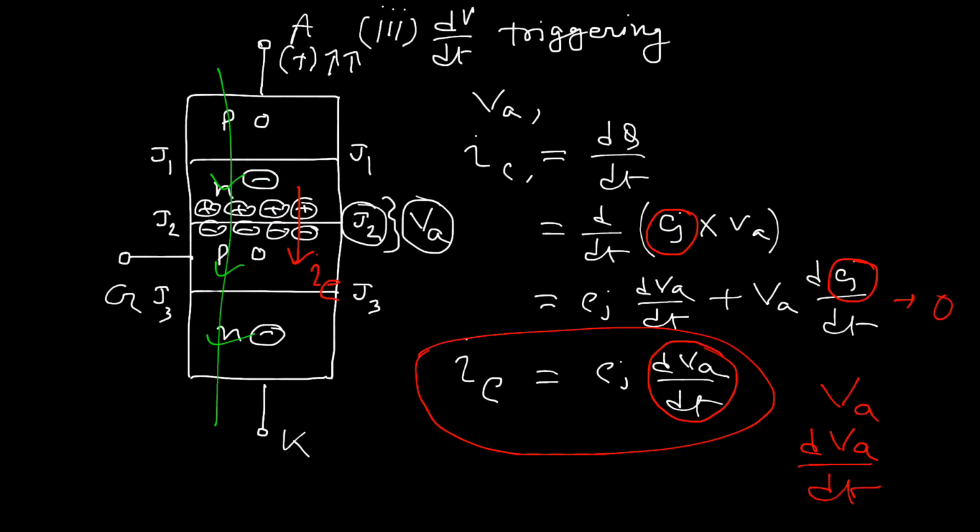On the other hand, if we apply a very small anode voltage but it changes very frequently or suddenly, it will still turn on. That means the rate of change of anode voltage behaves like a gate terminal voltage. That is why we call this dV/dt triggering. Okay, fine. Next is temperature triggering.